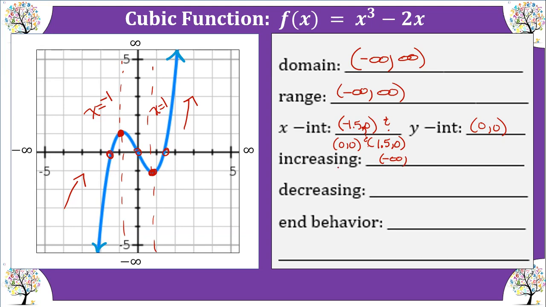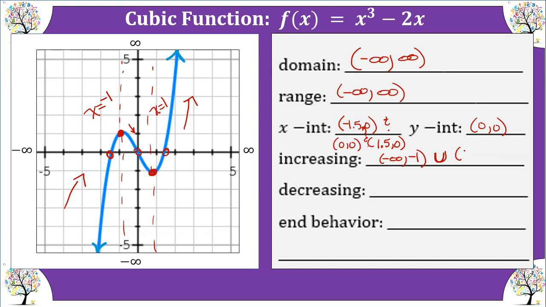From negative infinity, it's going up. And then when it reaches -1, it turns down. We're going to do a union, and then we're going to skip this area because in this area our graph is decreasing. It's going down. Then when x is 1, it turns and starts to increase again.